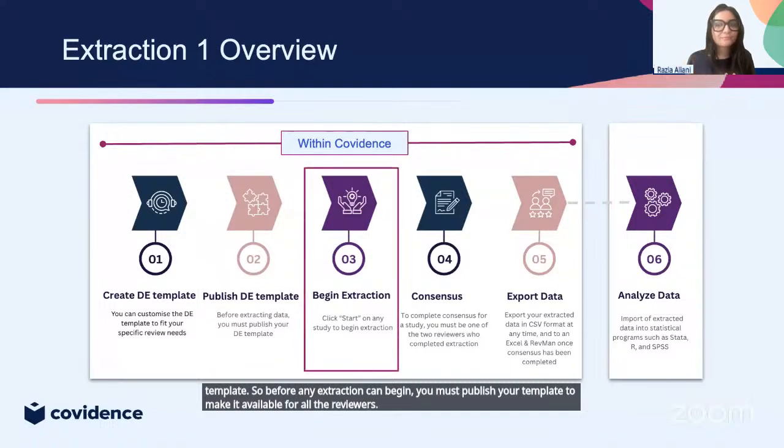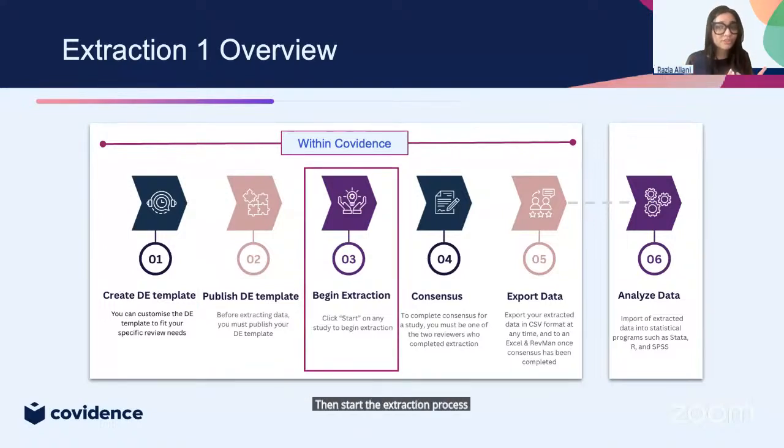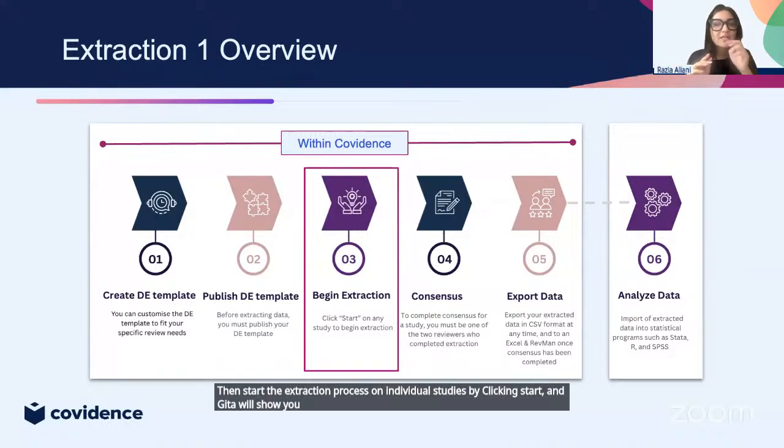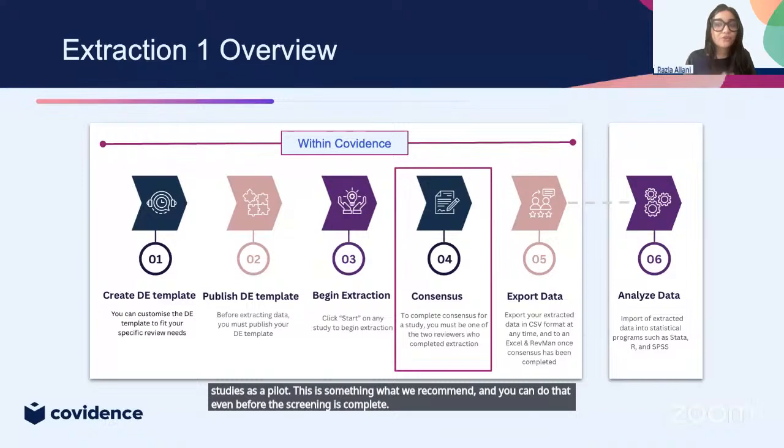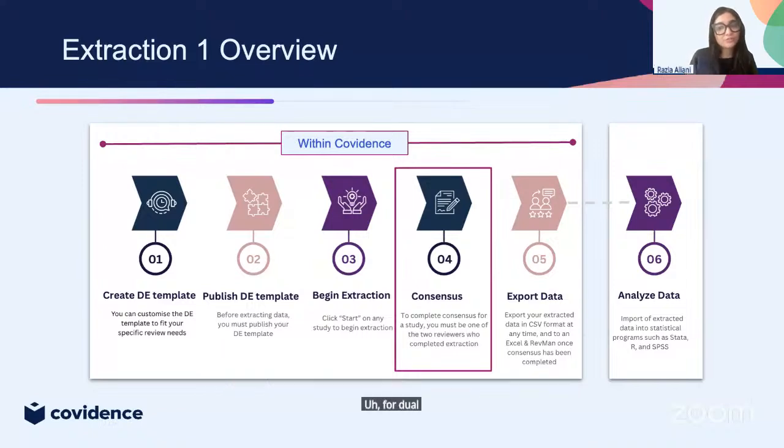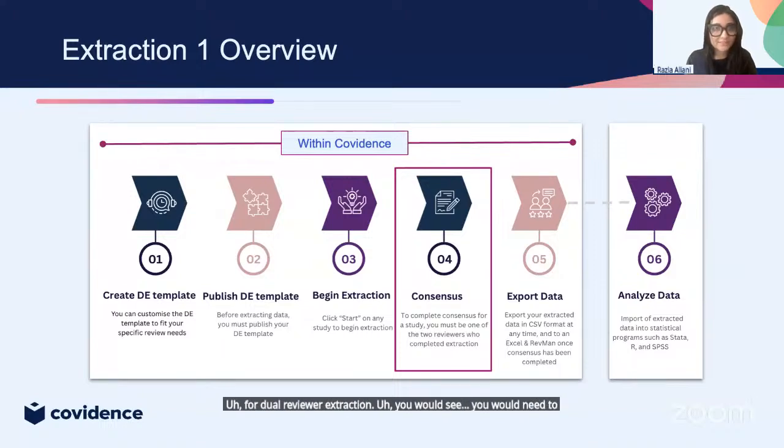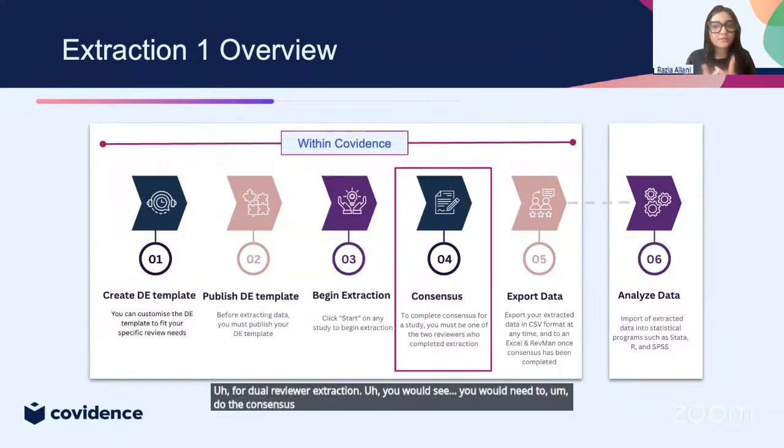Before any extraction can begin, you must publish your template to make it available for all the reviewers. Then start the extraction process on individual studies by clicking start, and Geeta will show you afterwards. You can begin a few studies as a pilot. This is something we recommend, and you can do that even before the screening is complete. For dual reviewer extraction, you would need to do the consensus, but for single reviewer mode, this step is skipped.